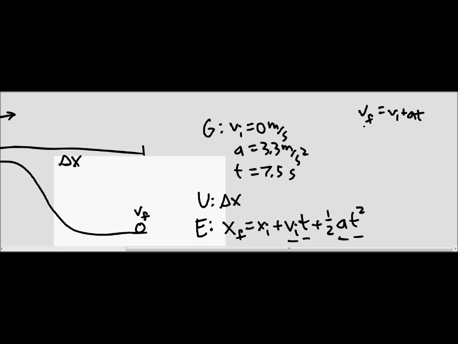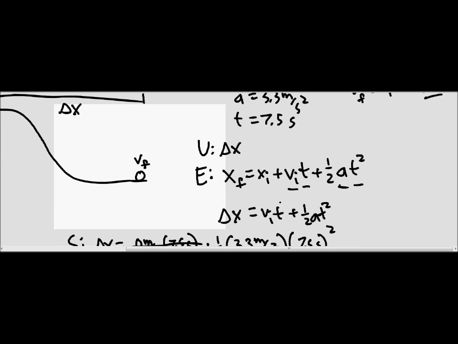You could have found the final velocity and then plugged that into this equation to find the change in x. But that's a really roundabout way of solving that. So for the most part, you're going to want to stick to the simplest thing so that you're less apt to make a mistake. Alright, so now we're just going to move on to question number 5.